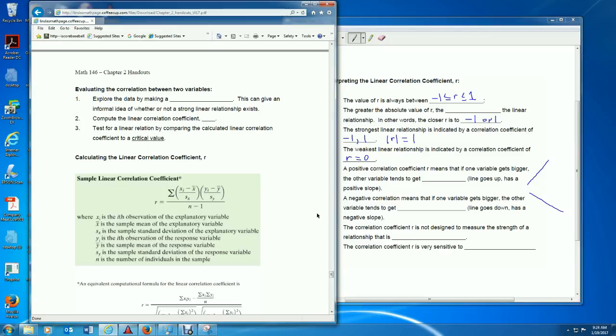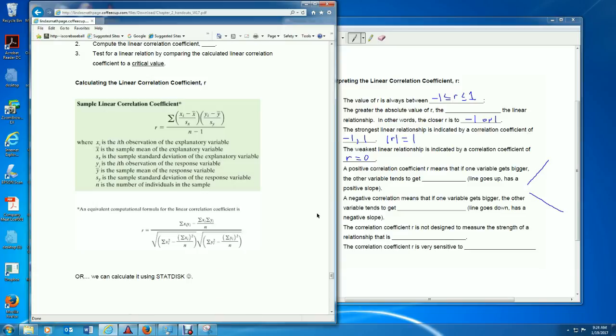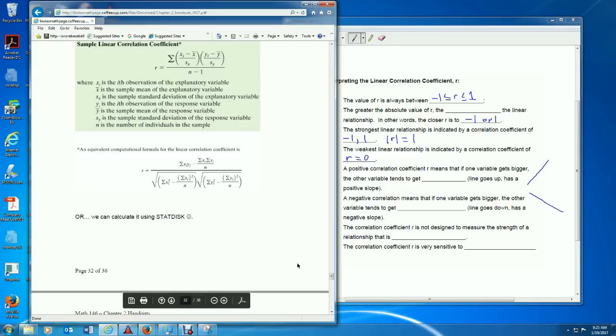So here is how to calculate r. There's this formula, or there's this formula. There's actually many different forms of the formula. They are all equivalent, and they're all pretty equally scary looking. Fortunately, we are not going to calculate it by hand because it is extremely tedious, and there's no need to calculate it by hand because we can use StatDisk to calculate it for us.